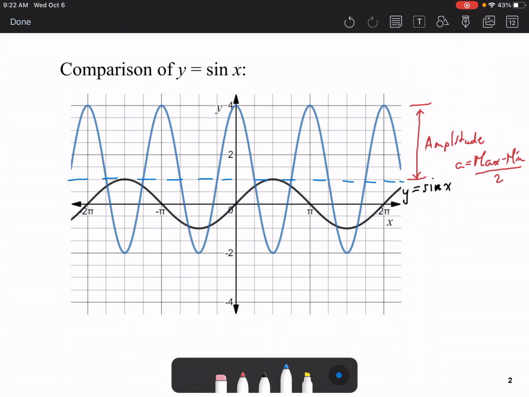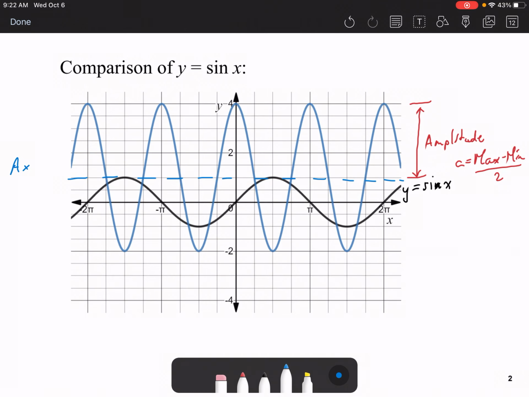The axis of curve is the distance halfway between the maximum and minimum value. So you can calculate this value, which is going to be your c value, by taking the maximum plus the minimum and dividing by 2.